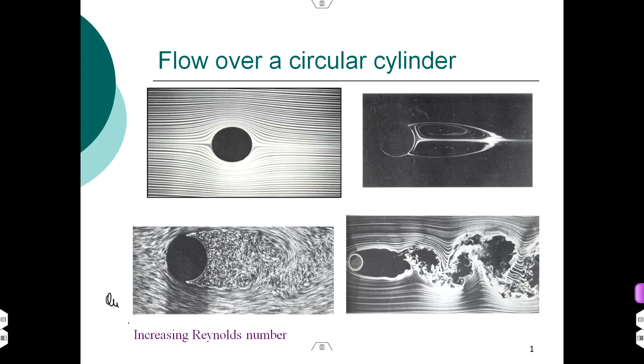Okay. Then Reynolds number increases and you saw the video last time. So, here you have a point of separation. Please look at the red dot. Flow is attached up to that point and then there is a circulation bubble.